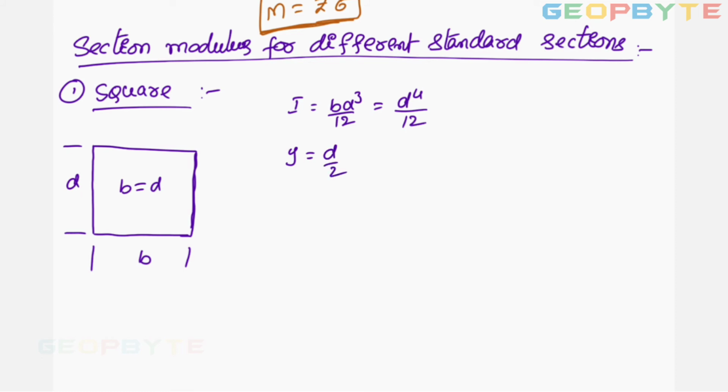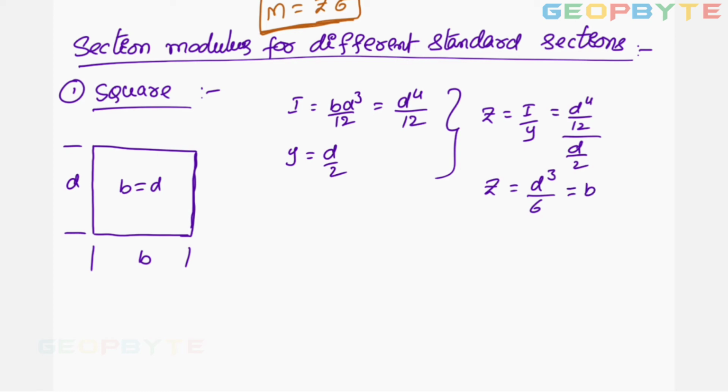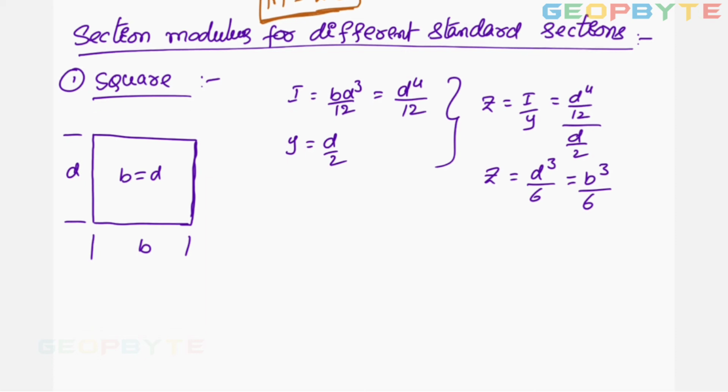Then section modulus Z equal to I by y, equal to d power 4 by 12 divided by d by 2. Section modulus Z equal to d cube by 6, which can also be written as b cube by 6. That is for the square.